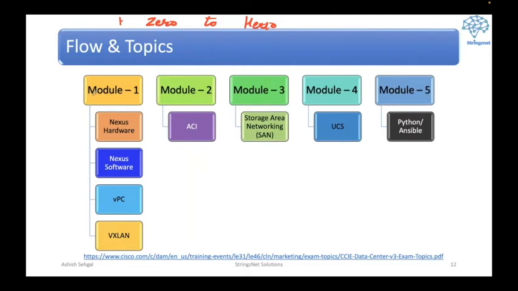So module 1 will cover Nexus hardware, Nexus software, VPC, and VXLAN. You may be thinking, oh, there are certain technologies which should be there. Yes, this particular data center batch which we are starting is oriented towards our lab.